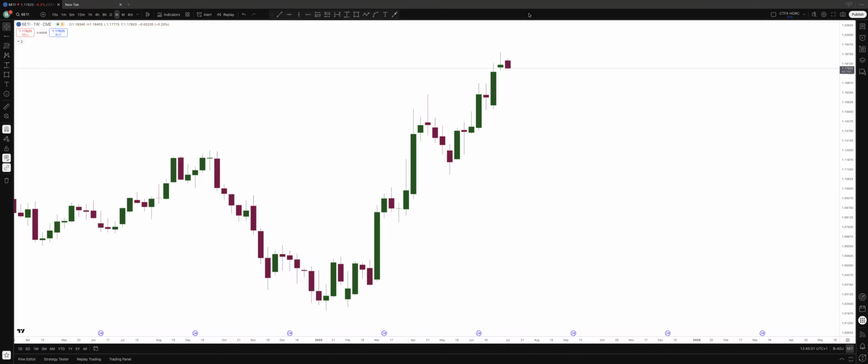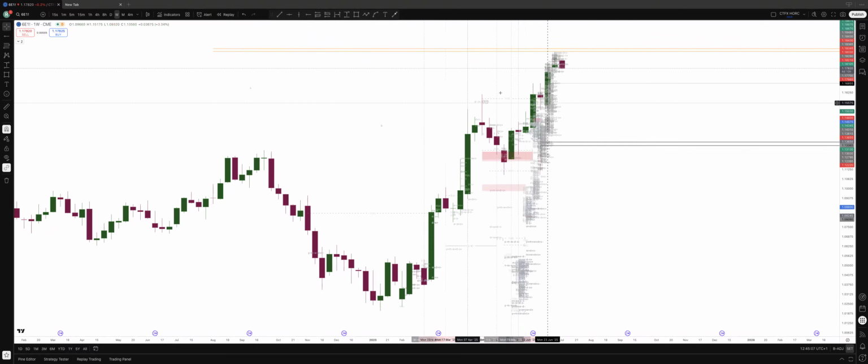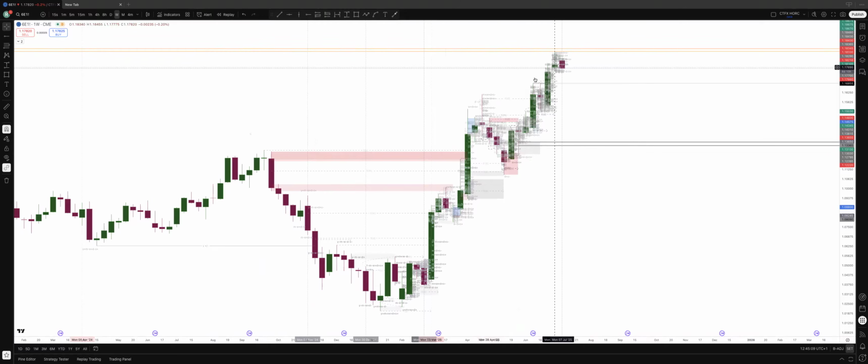Okay, the network is dealing with us big time, but let's just proceed. So you can say price actually turned due to the weekly zone, that was it.